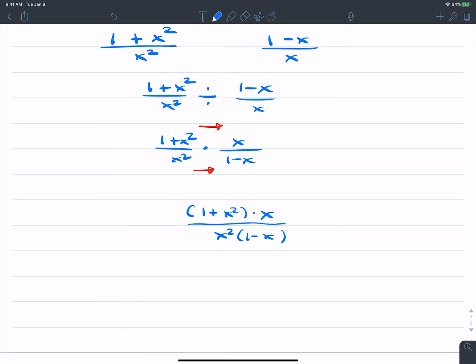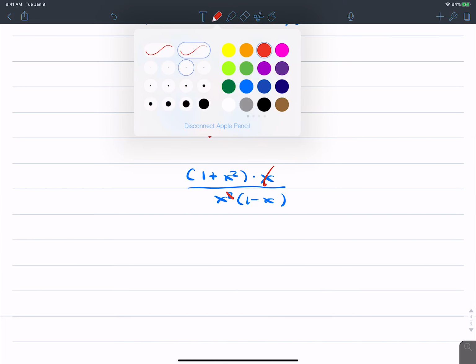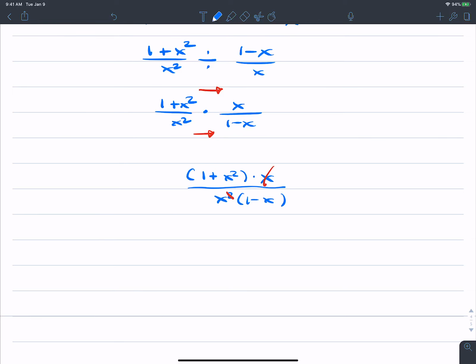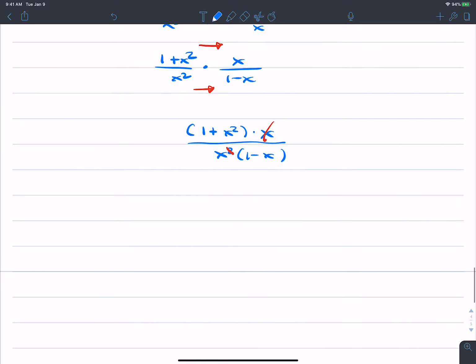So at this point, you're going to do some simplification. x goes away on top and bottom. So you end up now with 1 plus x squared over x times 1 minus x.